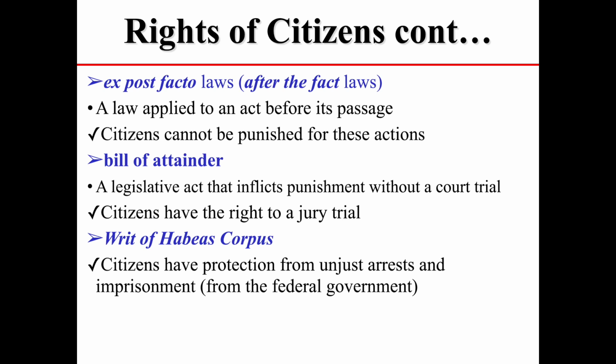The judge is going to be the one that says, okay, well then I want to see this person. He's going to ask the warden or whoever's in charge of the lockup to bring this person into the courtroom, and the judge will examine what the evidence is against this person. Why are they holding him? I want to see what evidence there is. That's a writ of habeas corpus. And that ends our discussion for the day.